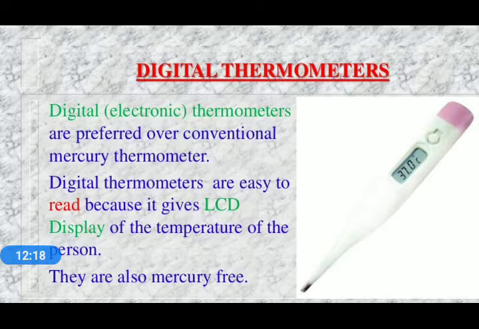Digital thermometers are preferred over conventional mercury thermometers. They are easy to read because they give an LCD display of the temperature of the person, and they are also mercury free.